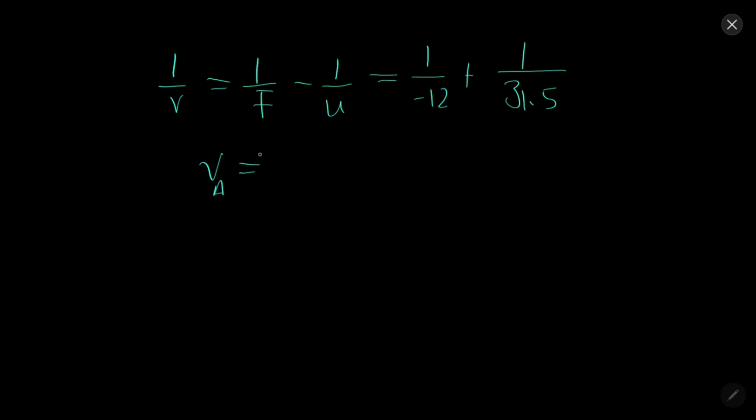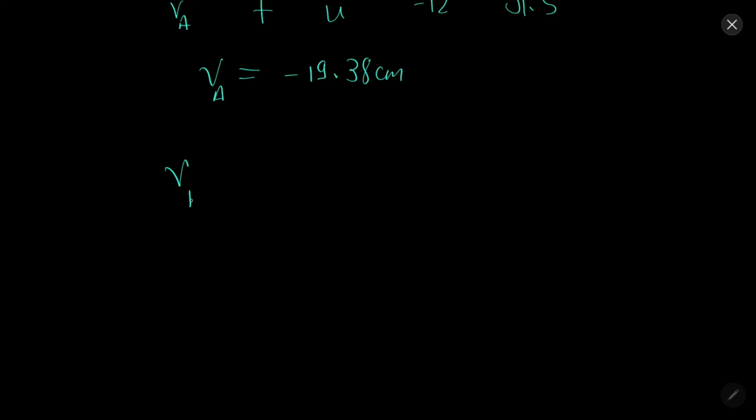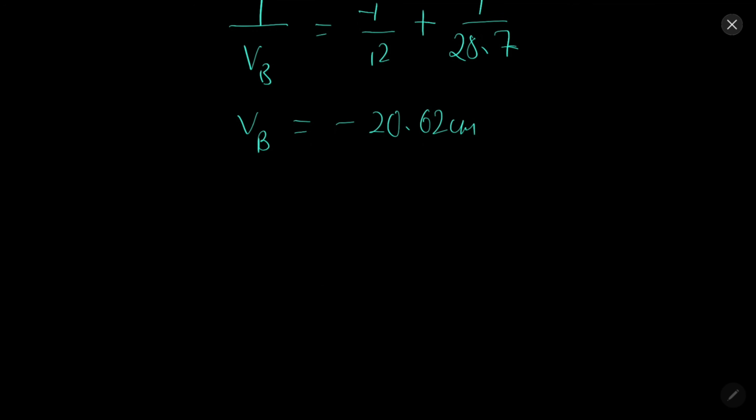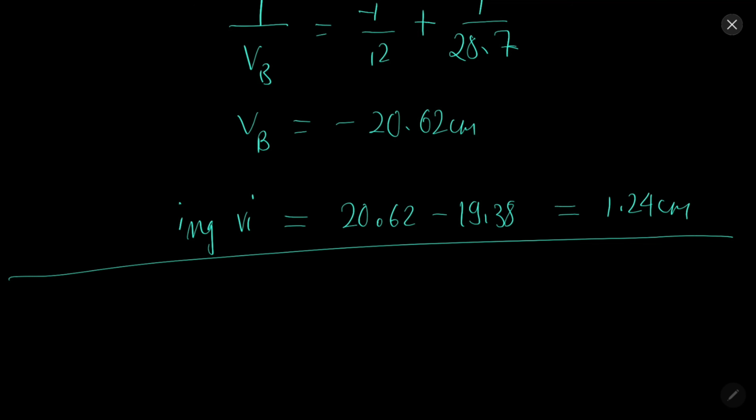V, let this be VA, will be minus 19.38 centimeter. And for VB we will have minus 1 by 12 plus 1 by 28.7. So VB will be minus 20.62 centimeter. So image vibrates in length 20.62 minus 19.38, 1.24 centimeter.